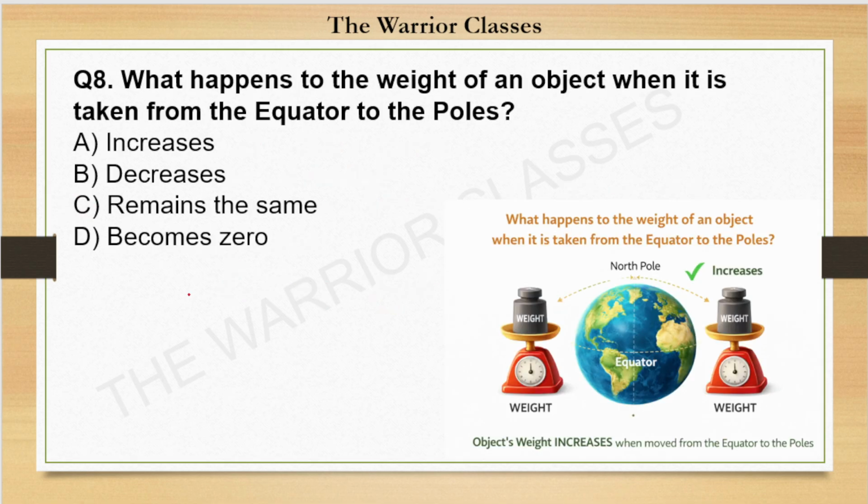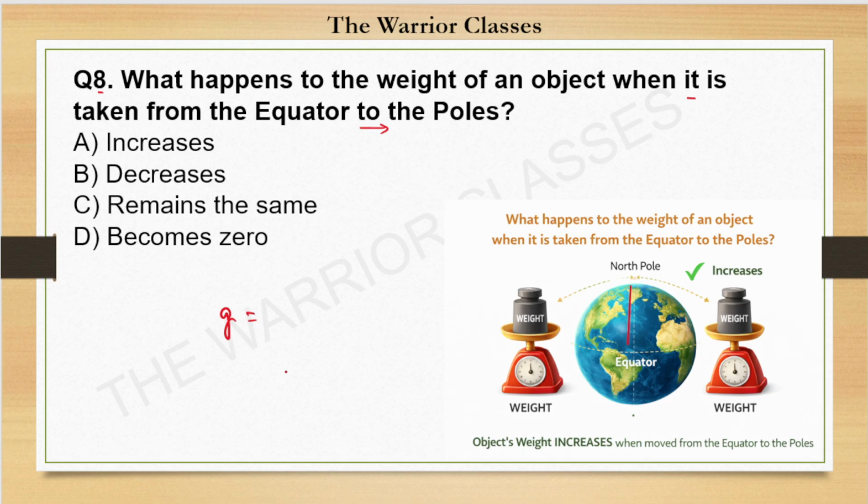Our next question here is question number 8. What happens to the weight of an object when it is taken from equator to poles? Our earth is not perfect in shape. The radius is smaller at poles and high at equator. So the value of gravity will be different at poles and equator.